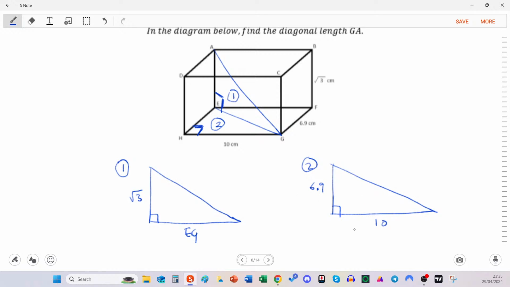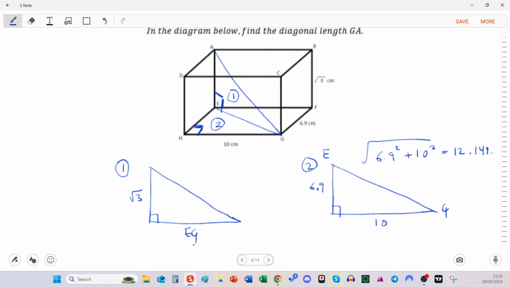So Pythagoras, as usual, 6.9 squared plus 10 squared, square rooted, equals EG. Is that correct? Yeah. Let's do it. 12.149 and so on. I'm going to keep that on my calculator because I'm not writing that out again.